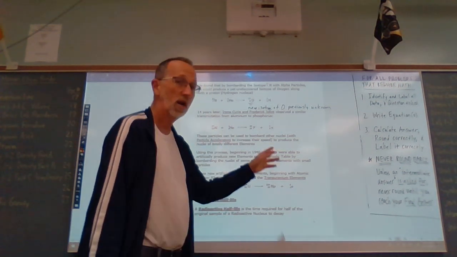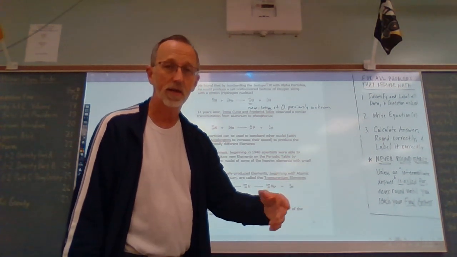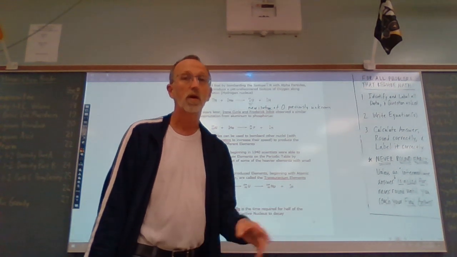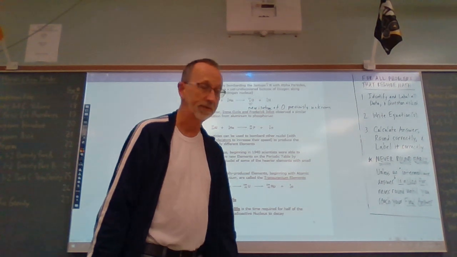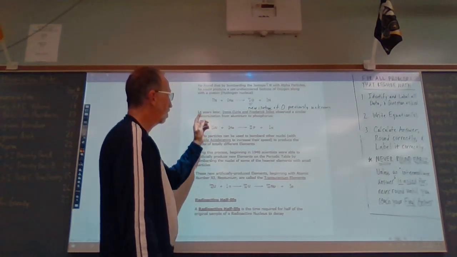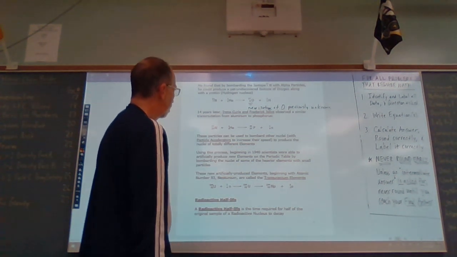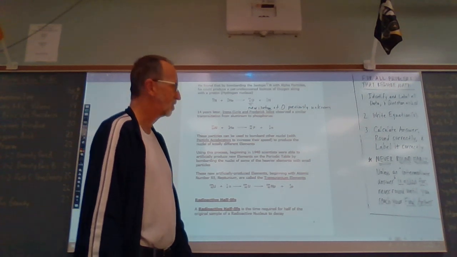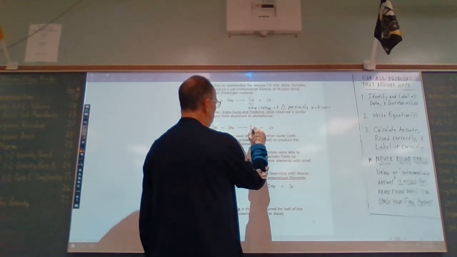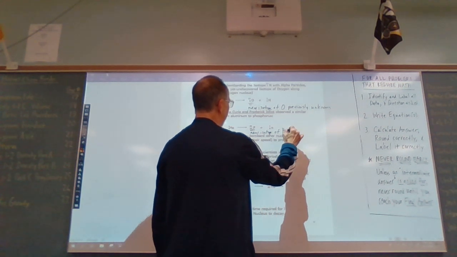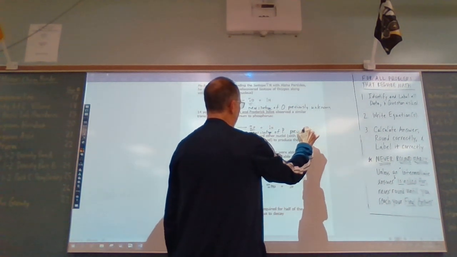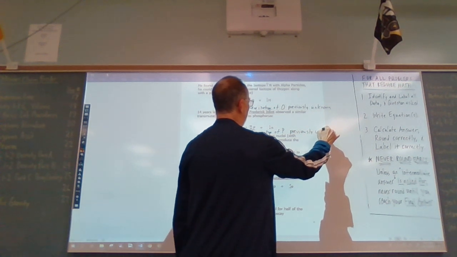But anyway, their daughter followed in her parents' footsteps and took over Marie Curie's lab when she had finished all her schooling. Anyway, 14 years later, they observed a similar transmutation from aluminum to phosphorus. Again, this is a new isotope of phosphorus, previously unknown.